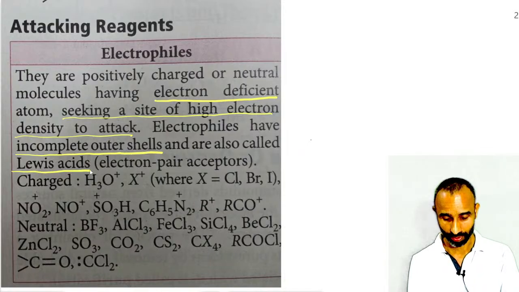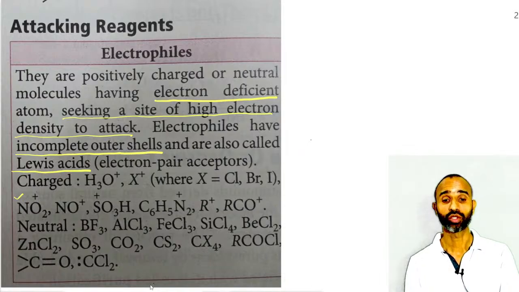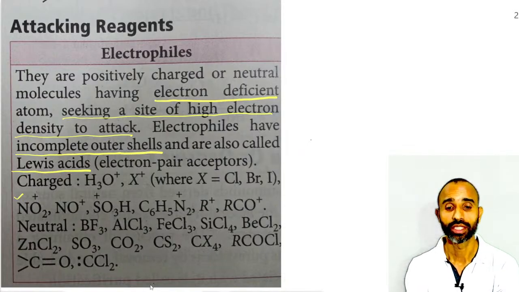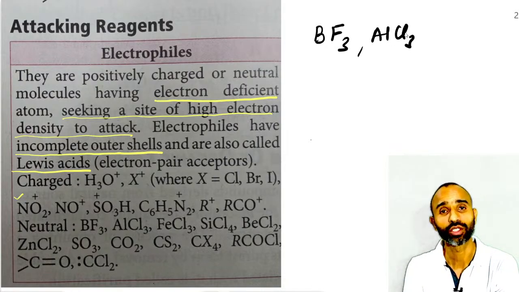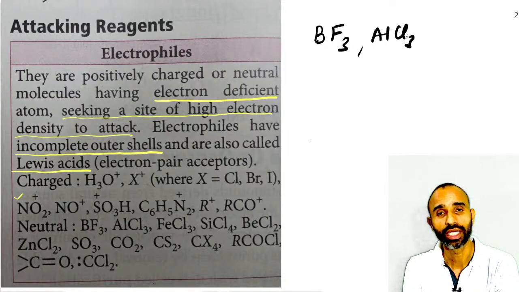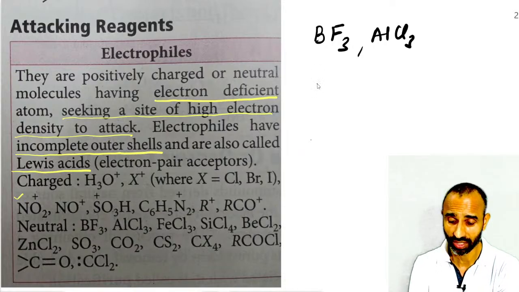For example, we have NO2 positive, X positive, Cl positive, SO3H positive, C6H5N2 positive, anything which has a positive charge: R positive, RCO positive. Neutral ones are BF3, electron deficient, AlCl3, electron deficient, FeCl3, even SiCl4.